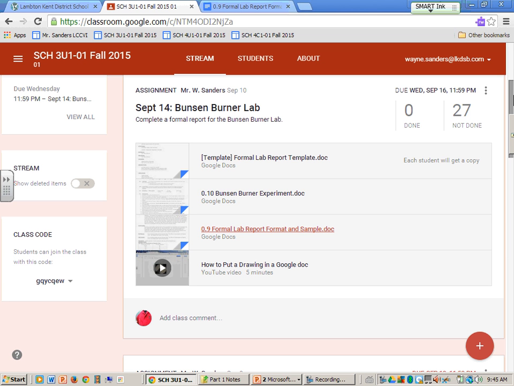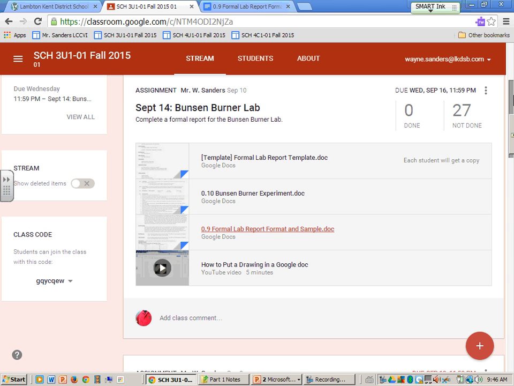So this is going to be our first formal lab report. Lab reports are going to come in two types. It's either going to be a formal report, which involves you typing up the whole thing, and that's what I'm going to go over today. And then there's an informal lab report where it might be just fill in some blanks. That's pretty rare in this one.